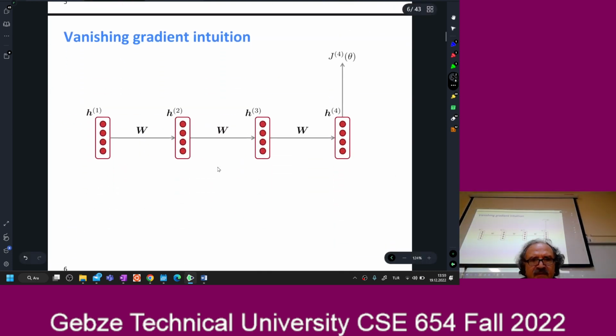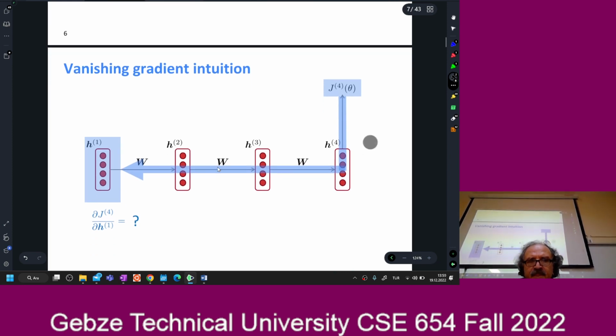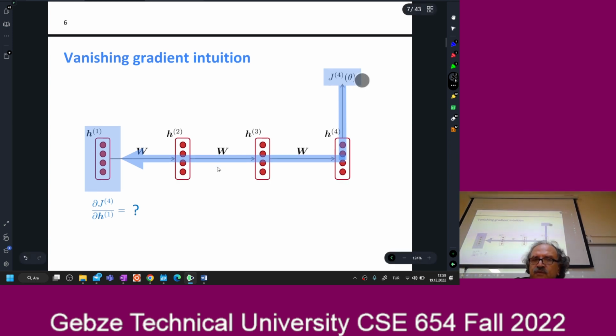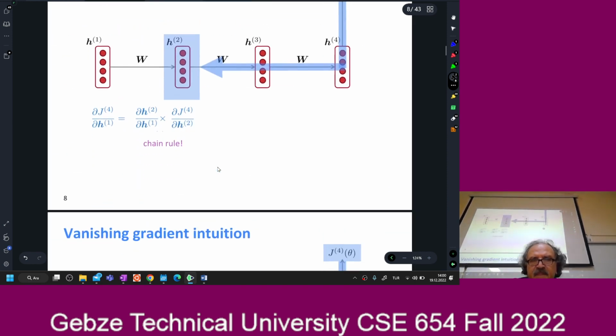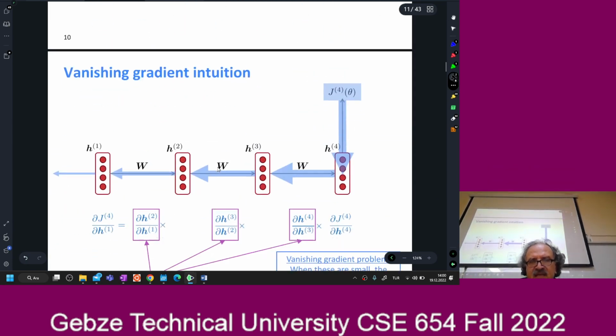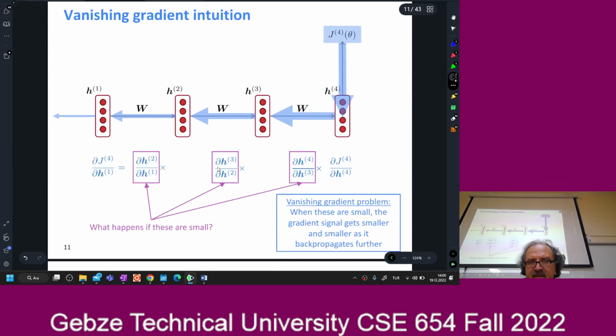Okay, typical network: first layer, second layer, third layer, and the fourth layer. If I am trying to get the derivative of this loss function with respect to my weights here, then I need to take the derivative with respect to this one, and the derivative of this with respect to this one. So I keep doing this chain rule multiplication, as I said before, multiply and multiply.